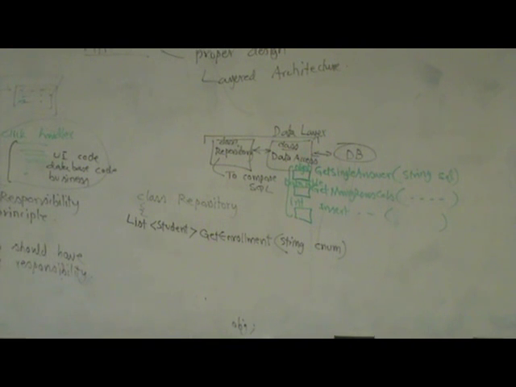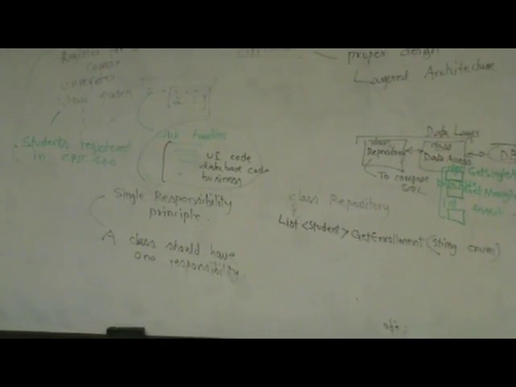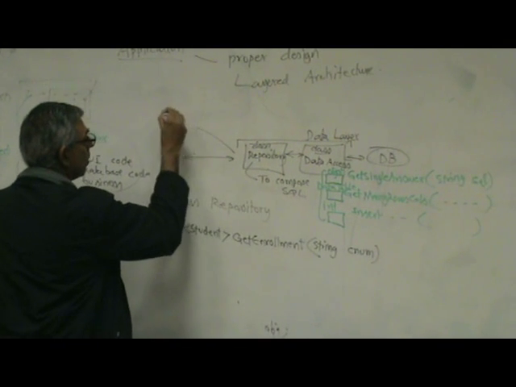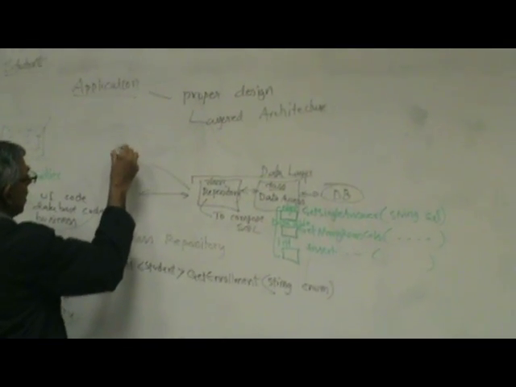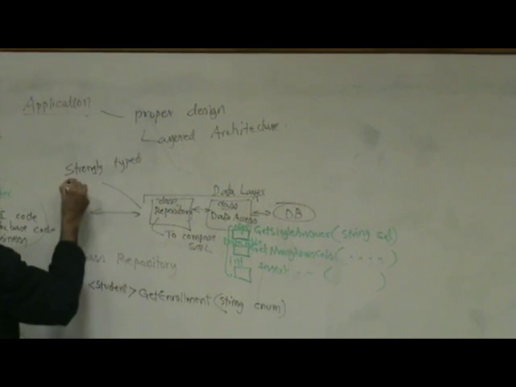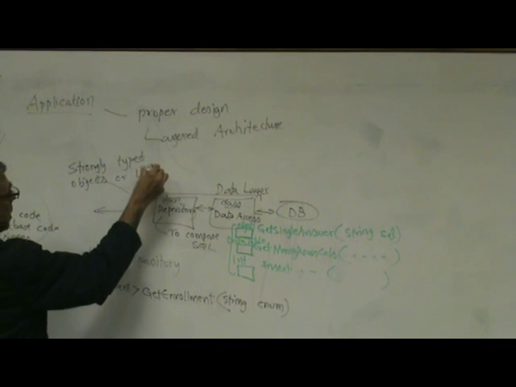Everybody agrees? Okay, so rather than returning an array list or a data table from a repository, we always return strongly typed data. It will never be that from the repository onwards; these will always be strongly typed objects or lists.